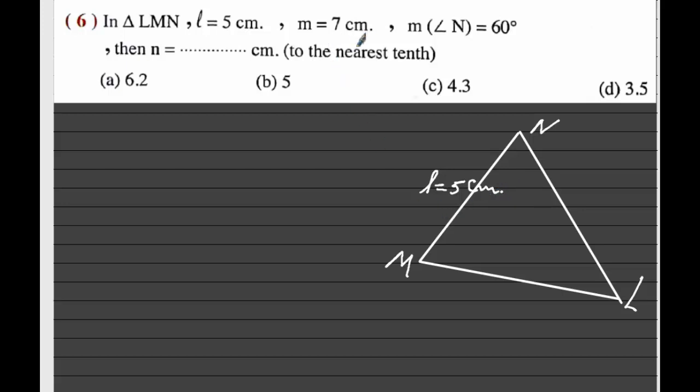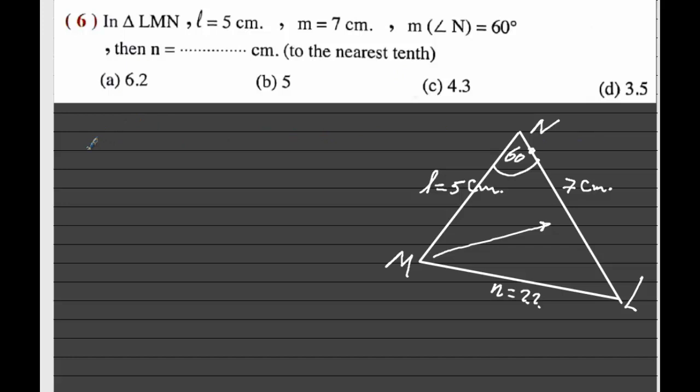And m, the side opposite to angle M, equals 7 centimeters. And the measure of angle N equals 60 degrees. Then n, the length of the side ML, is required to the nearest tenth.